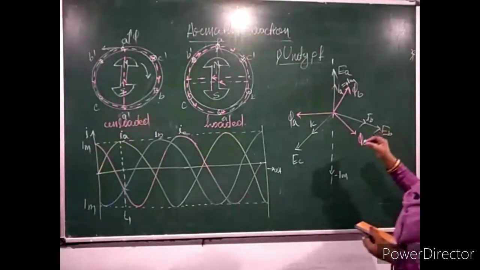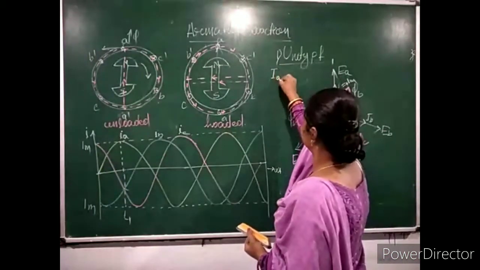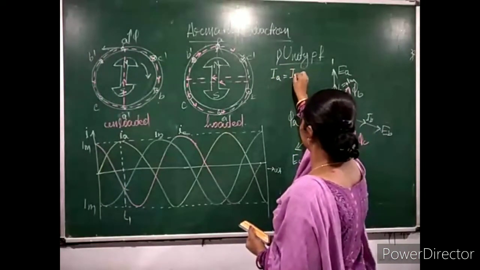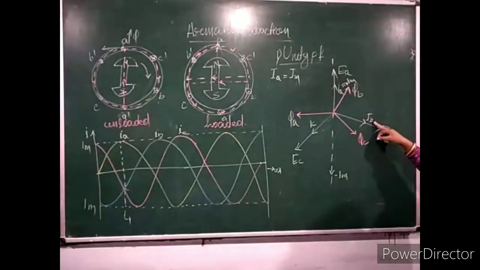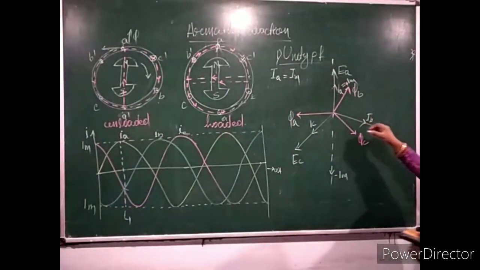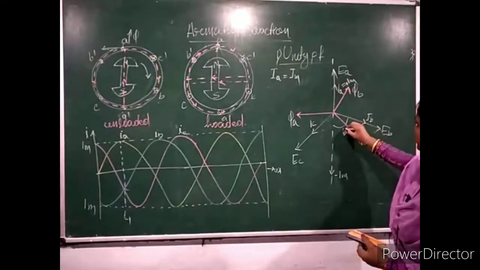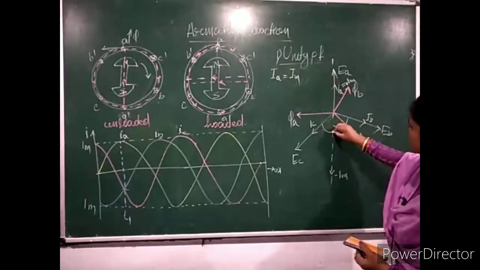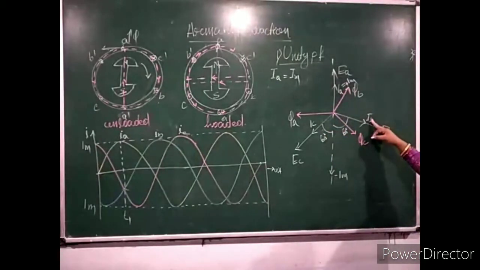So, what is the value of Ia here? Ia is Im. Then Ib: this angle is 60 degrees.